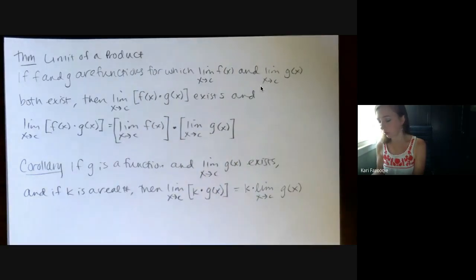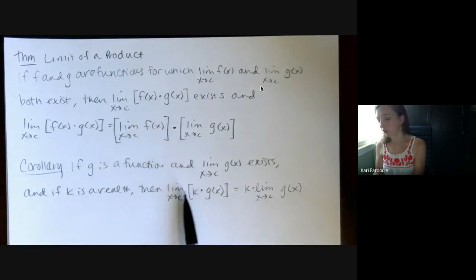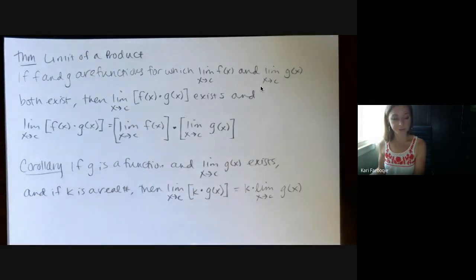The corollary is just for if your other function is a constant, just some number multiplied by another function of x. So this is a more basic variation of the limit of a product. Instead of multiplying your constant multiple inside your limit, you could pull that constant multiple out and take the limit and multiply it by that value.